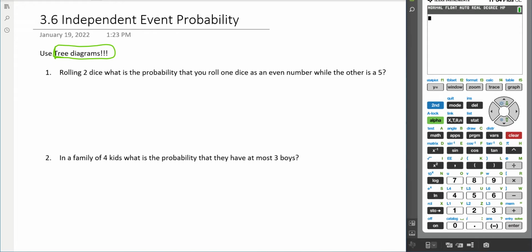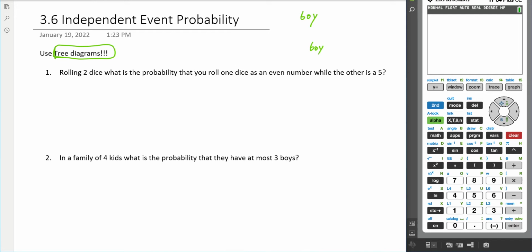So we have two questions here. It's going to be a fairly straightforward lesson where independent events are events that aren't dependent on each other. What happens in event A doesn't affect event B. For example, if you have a baby boy, what is the likelihood of your second child being a boy?